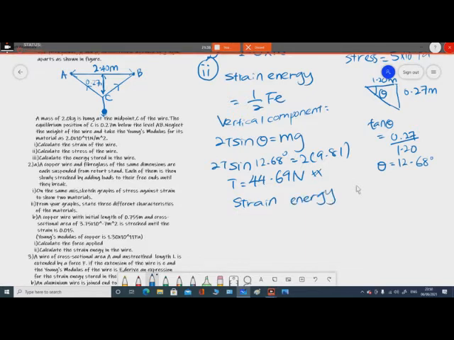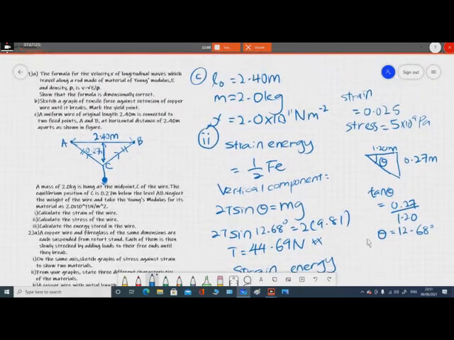Since we have both sides, which is AC and BC, we need to total it up by saying that the strain energy must be times 2, multiplied by 2, which is TE. So T is actually 44.69 times the extension.